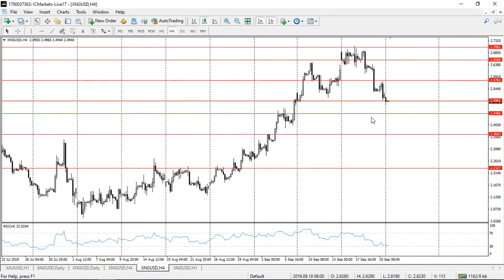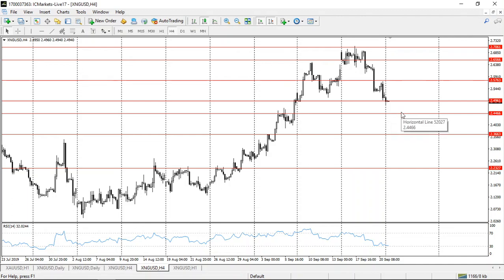That area has a confluence of support around that handle because we've got our daily buy zone near the 2.434, and that is just a couple of pips around here, and you can see there is some sort of support here. So we'll be looking to see what price does when it gets here.